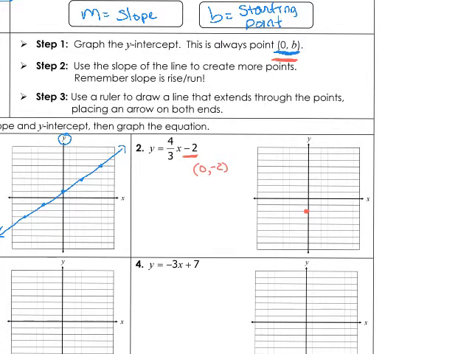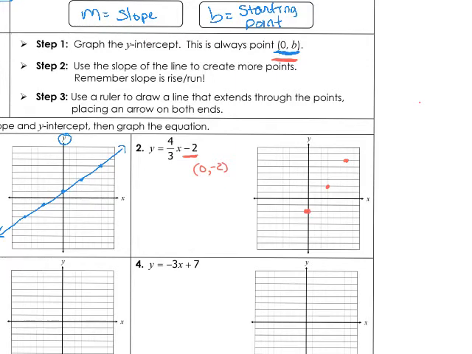Next, we're going to go up 4 over 3. Up 4 over 3. 1, 2, 3, 4, to the right 1, 2, 3. Up 2, 3, 4, to the right 1, 2, 3. And I'm out of room. So go back to the starting point.